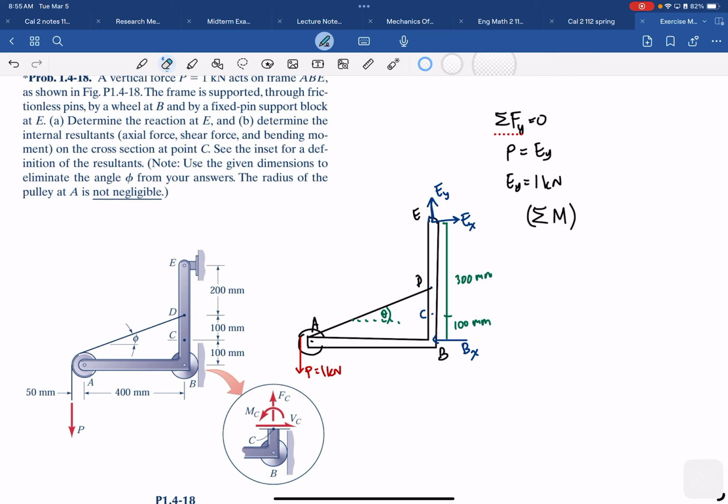We would like to know the E. So moment for E, since we have kilonewton here, already know, then I think it's better to get into B. So that E goes here and it goes there, right? So we can write sigma moment at B equals 0.